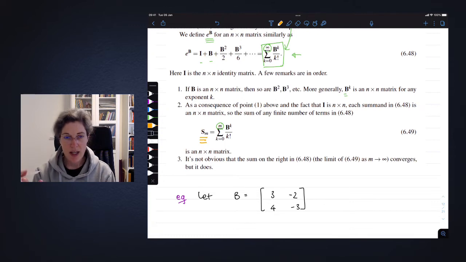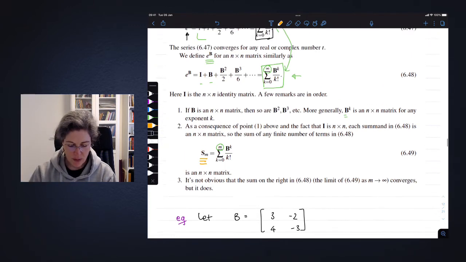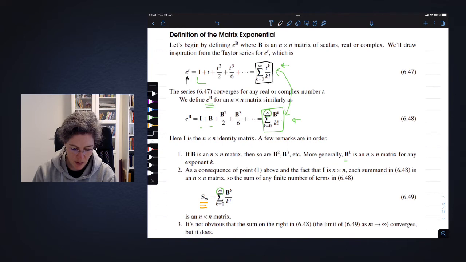And this gives us a way, just as we have, so here we could write that e to the t is the limit as m goes to infinity of this thing over here.